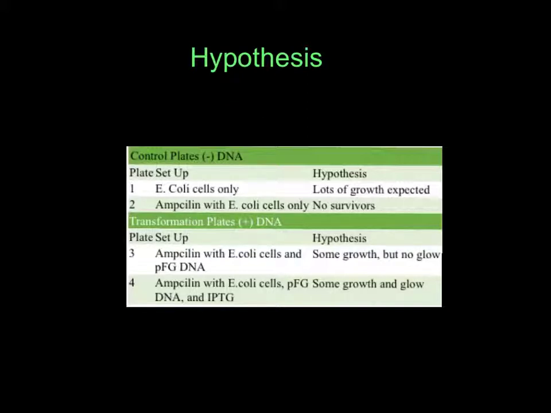For plate 4, it contained ampicillin with E. coli cells, pGFP DNA, and IPTG. So it did contain the GFP DNA that helps build resistance against ampicillin, so there would be some growth. And the fact that they did have the IPTG also means that it would glow under UV light.